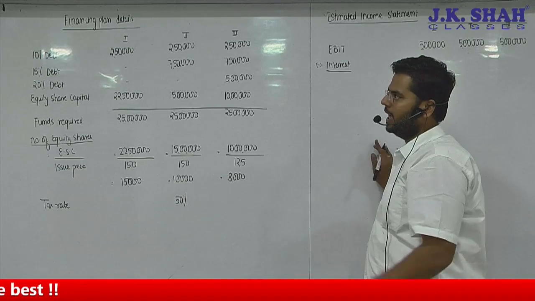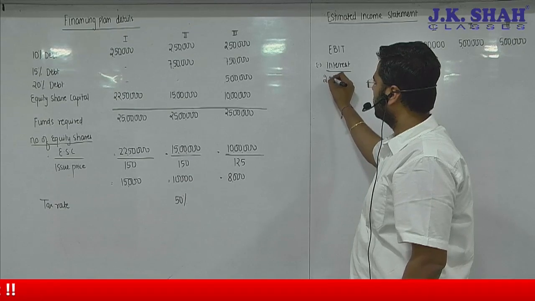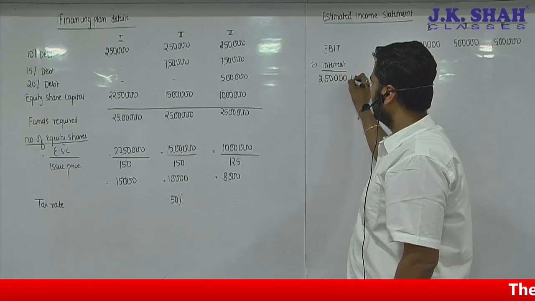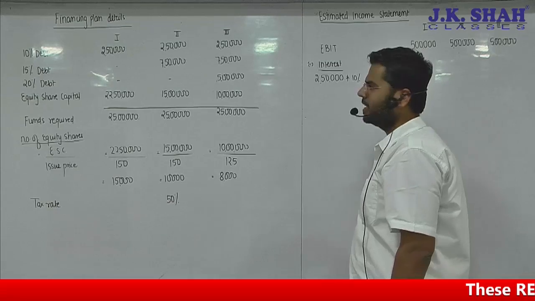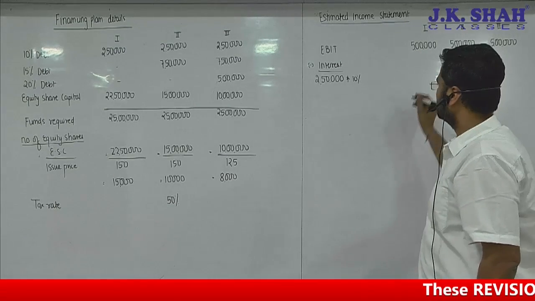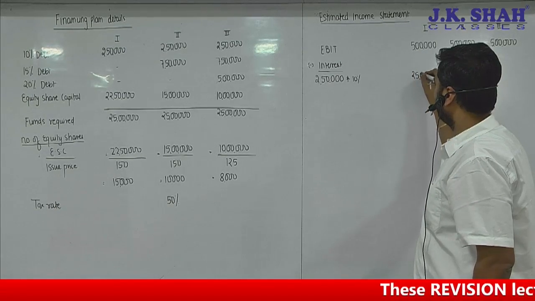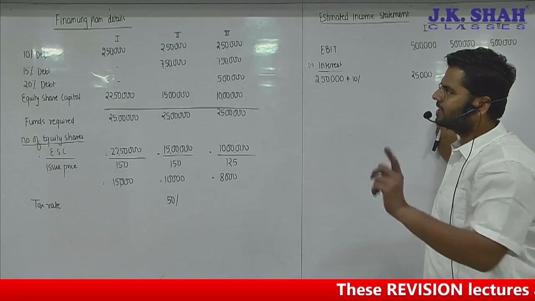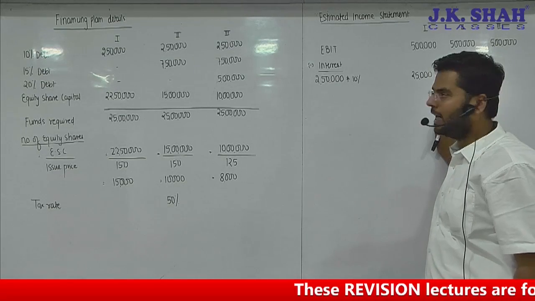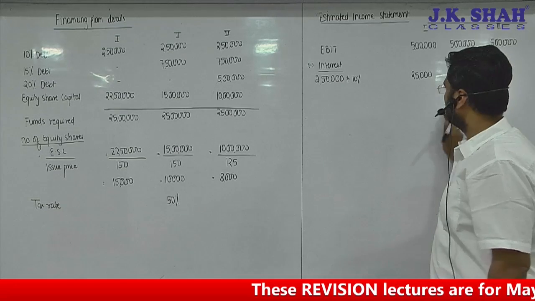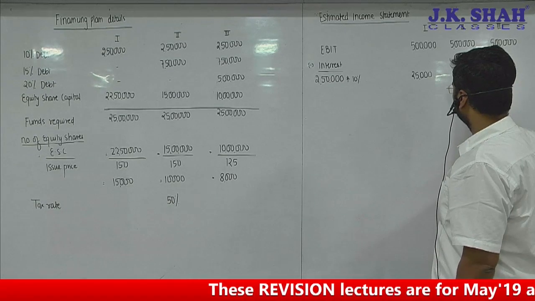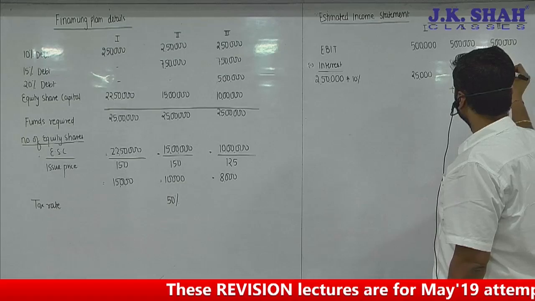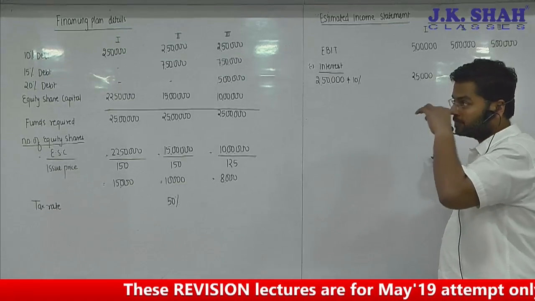In the first plan, I'm having a debt of 2.5 lakh rupees. The rate of interest charged is 10%. It means my interest amount here is 25,000. Can I say that same loan will come in plan 2 and plan 3 as well? So that loan is going to bring an interest obligation of 25,000.